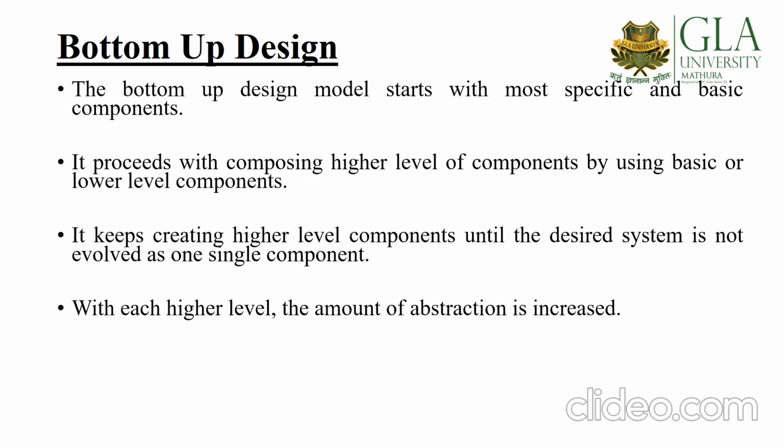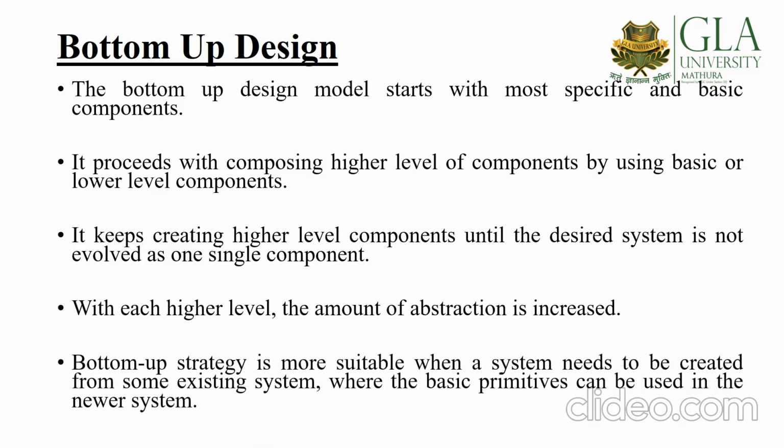With each higher level, the amount of abstraction is increased. Bottom up strategy is more suitable when a system needs to be created from some existing system where the basic primitives can be used in the newer system.